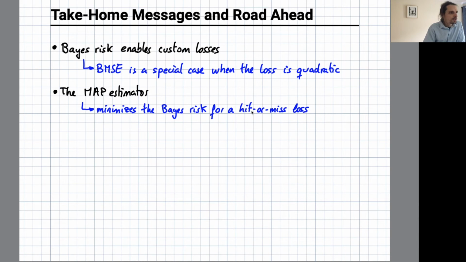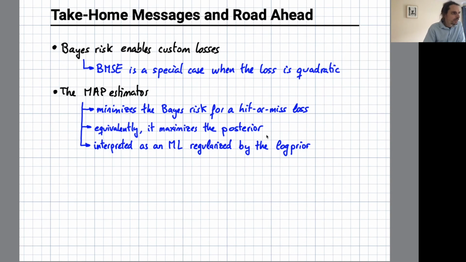One of them was the hit or miss loss, which results in the so-called maximum a posteriori estimator. It is called this way because it maximizes the posterior PDF, so it is the mode of the PDF. It can be interpreted as a maximum likelihood estimator regularized by the log prior, so it essentially extends the maximum likelihood estimator to the Bayesian setup.